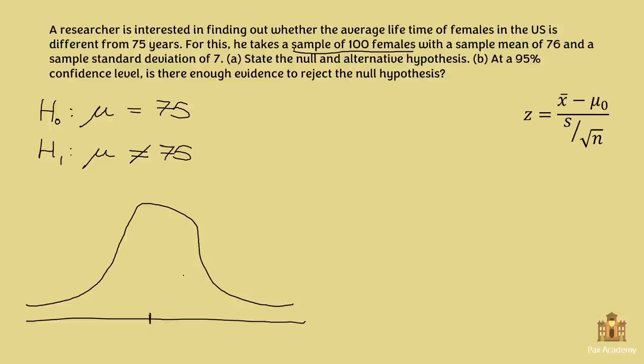Because this is a two-tailed test, and it's a two-tailed test because it can either be higher than 75 or lower, which is why it's not a one-tailed test. Two-tailed means it can be on either side, so we need to draw a shaded region on both sides. And this shaded region is going to be the rejection region.